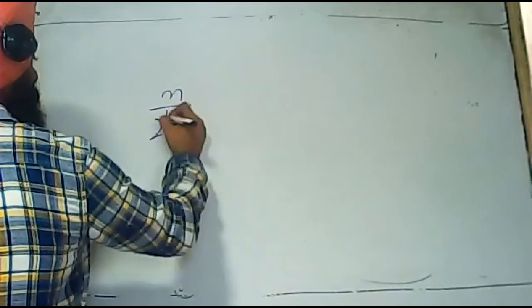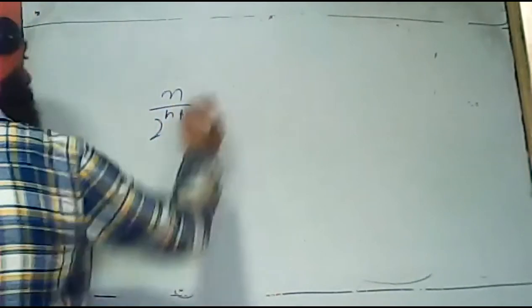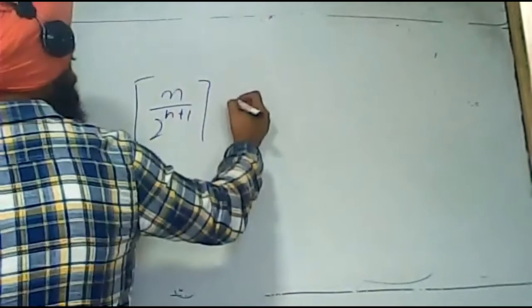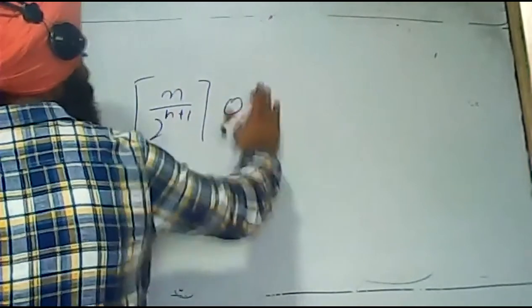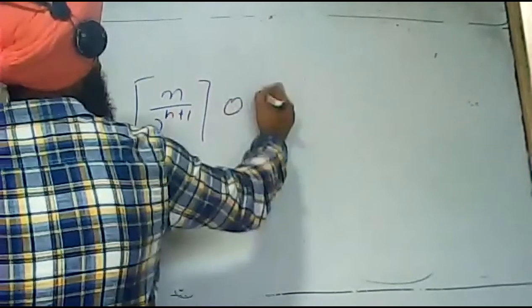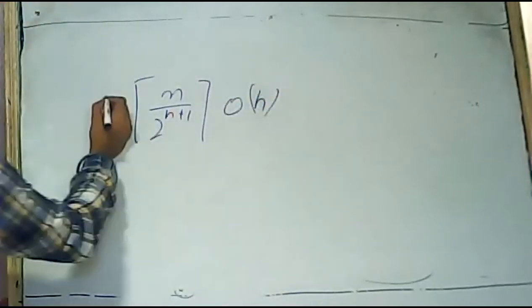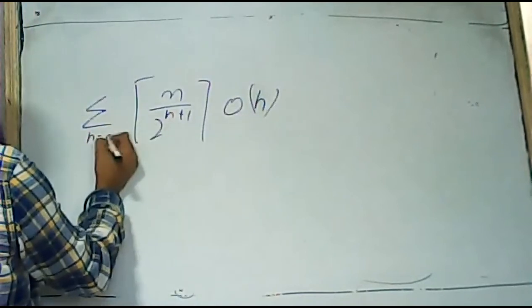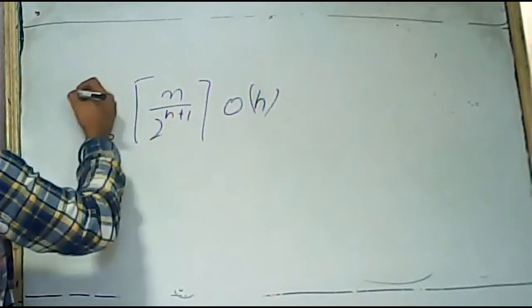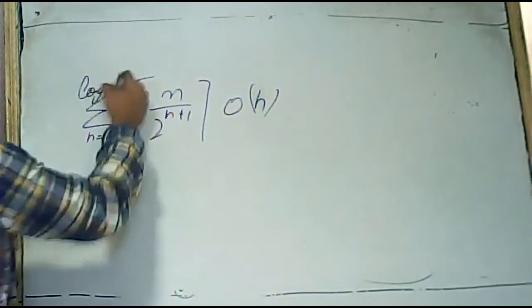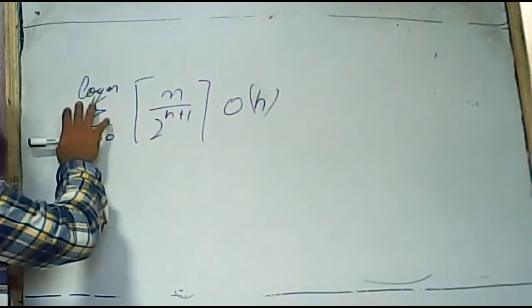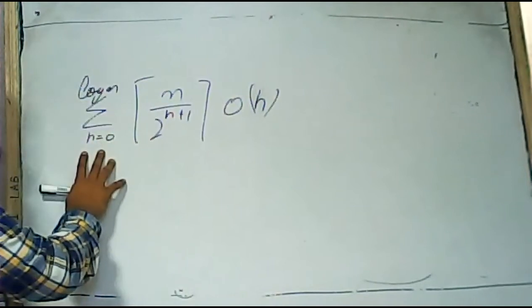So can I write this: n by 2 raised to power h plus 1, and the ceil value of it, times order of h, big O of h. The height of the tree could range from 0 to log n, because log n is the maximum height of a tree and it starts from 0 height.